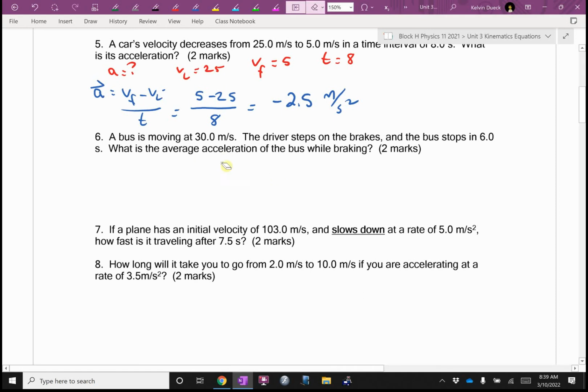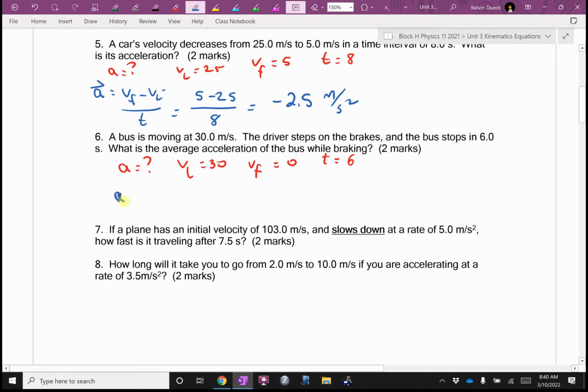6, why did I say average acceleration? Because the acceleration of the bus when they're braking, it's probably not constant. They probably slow down quicker at the beginning and ease up at the end, but we can't handle that. So again, it looks like it wants us to find A. In fact, this is the same question, Diego, except VI is 30 and VF is 0. I saw the word stops. Time is 6 seconds.